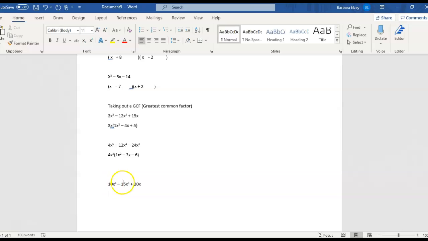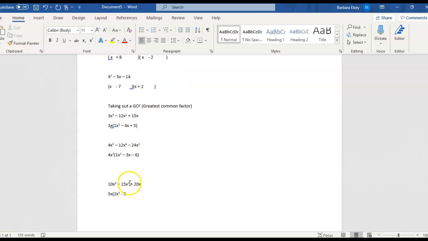I'm going to take out of 10, 15, and 20. Well, a 5 goes into all of them. And it looks like x to the first is the smallest exponent. So 5 into 10 goes twice. 4 minus the unwritten 1 on the x gives me x to the third power left over. And then 5 into 15 will go 3 times.